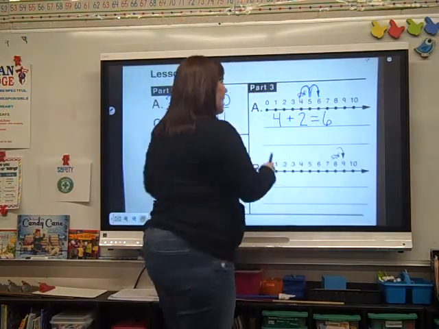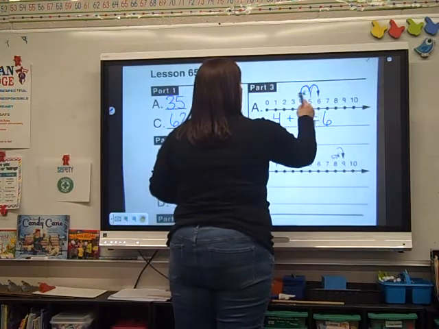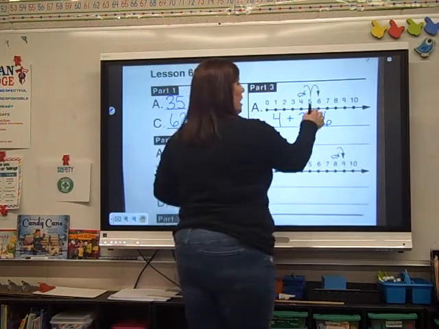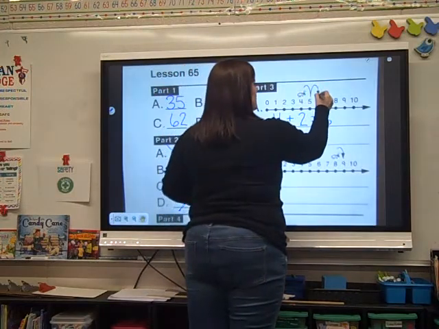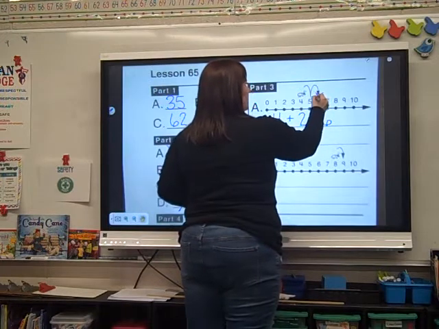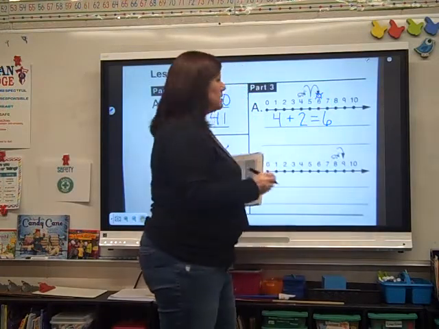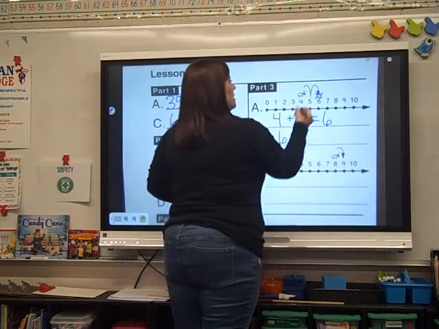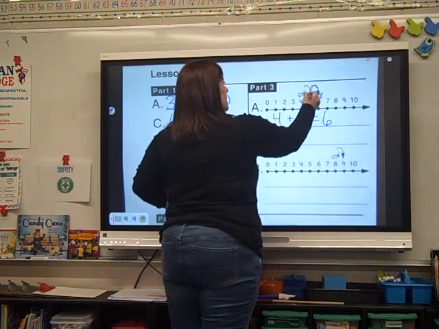Now, we've got to go in the opposite direction. Let's pretend our bug, where's our bug sitting now? He's sitting on 6, isn't he? Here's my ugly picture of my bug. Now let's pretend he hops this way.